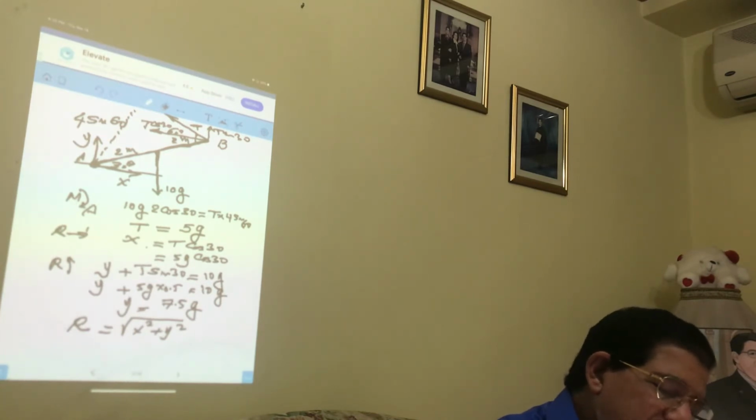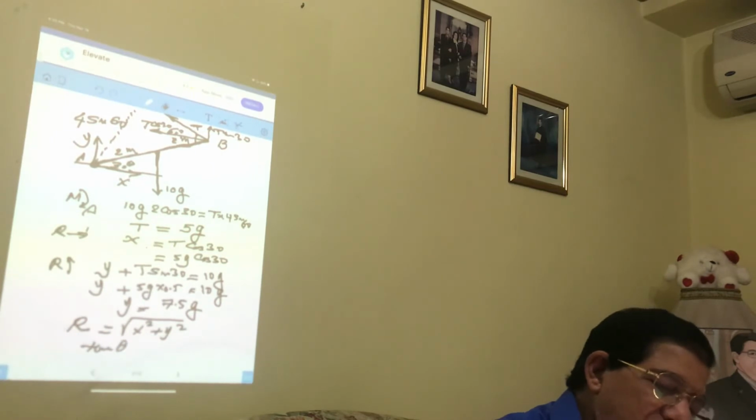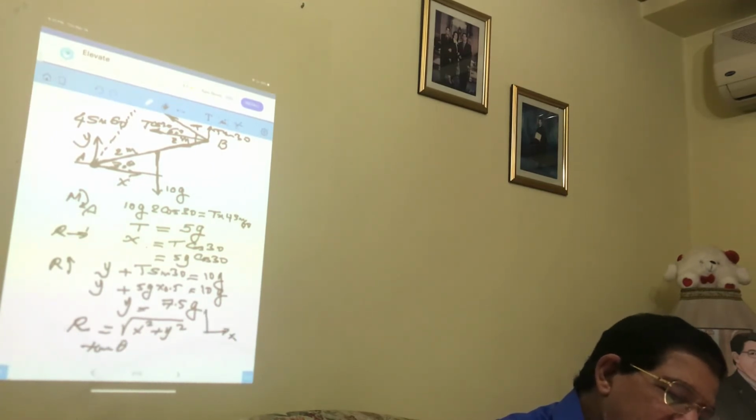And then its direction: the force has x and y, this is the resultant R, and this is the angle theta. Tan theta is y over x. Therefore, we calculate the value of the angle theta.